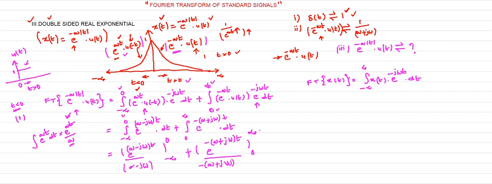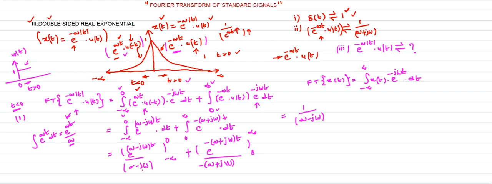Now when you substitute the limits of integration, clearly observe here in the first function. If you substitute the upper limit, t is 0, therefore e power 0 is 1.